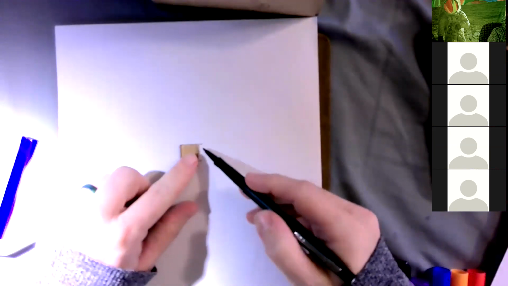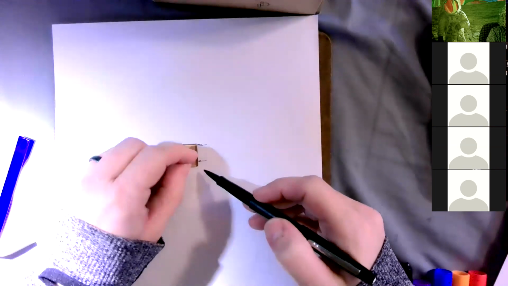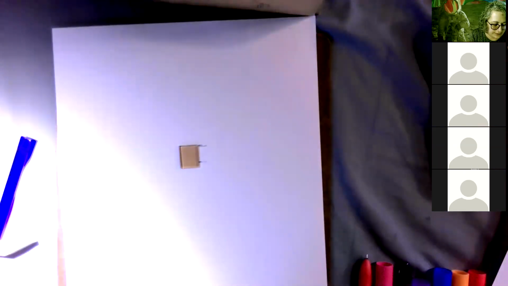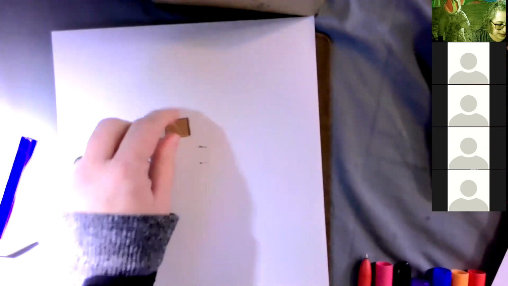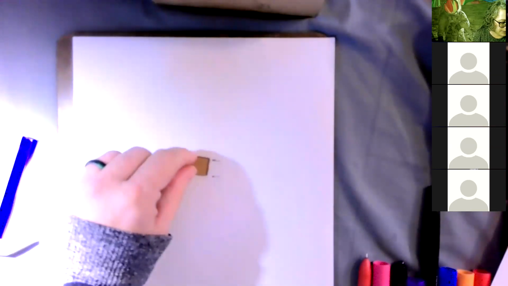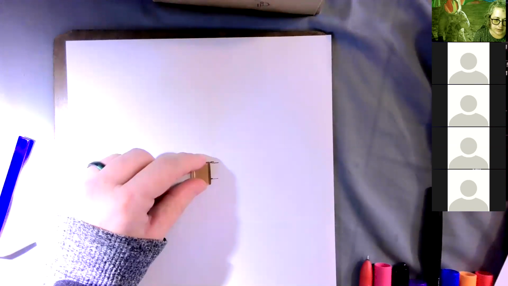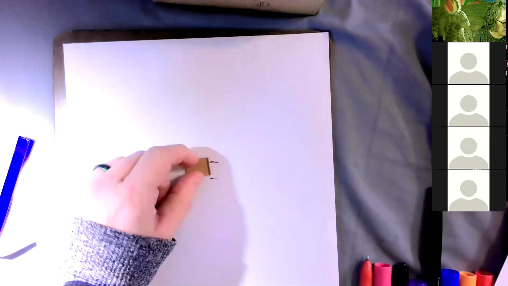I know it's hard to see. No, that doesn't match. So it's not a square because they all have to be the same size. So if it's not a square, it's a rectangle. I put that in there because it's kind of fooling you, isn't it? I do that to measure things and double check myself sometimes and turn it around and go, oh no, they're not the same length.